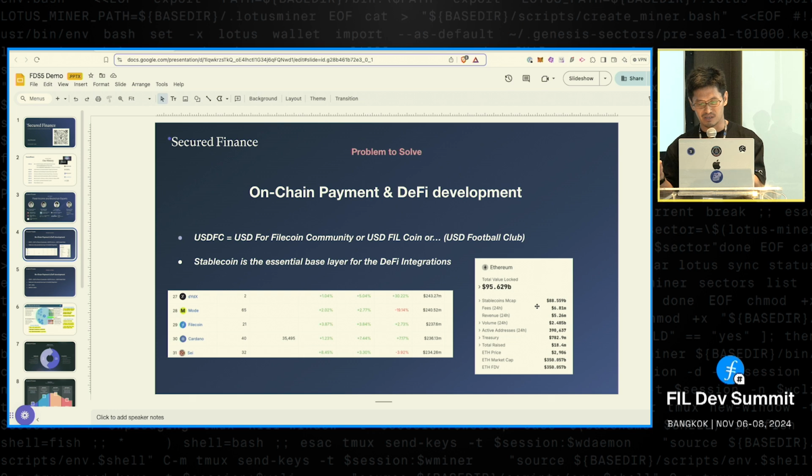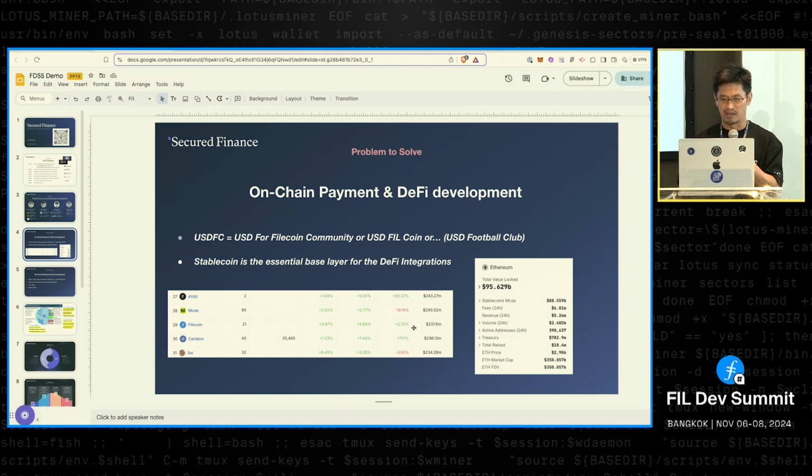It's circulating, or I mean, how much is locked into Ethereum is 40%. So it's like $40 billion worth is already locked into Ethereum as TVL, while on Filecoin there's almost none, because there's no existing stablecoin other than maybe Axelar USDC.